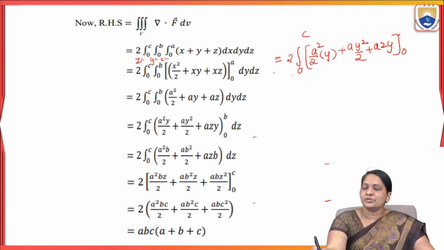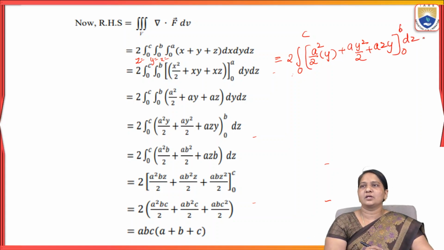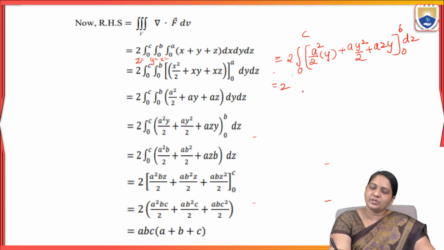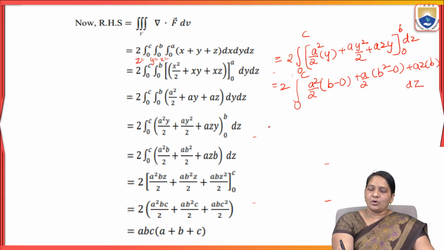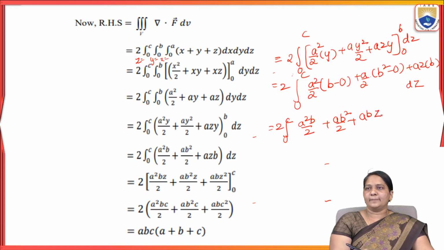Limits are 0 to b, dz. Now I am substituting the limits. 2 integral 0 to c of a square by 2 into (b minus 0), plus a by 2 into (b square minus 0), plus az into (b minus 0), dz. So finally 2 integral 0 to c of a square b by 2 plus a b square by 2 plus a b z.